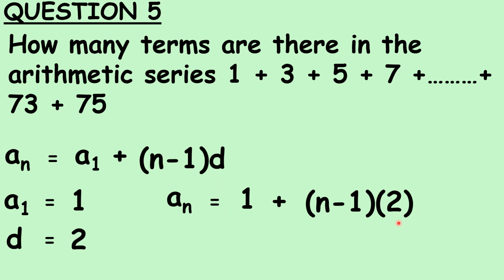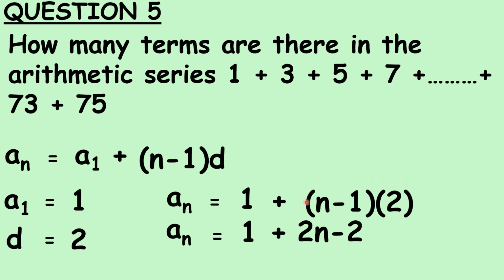So we'll simply expand. So an will be equal to 1 plus, so 2 times n will be 2n, then 2 times minus 1 will be minus 2. So we have 2n minus 2.